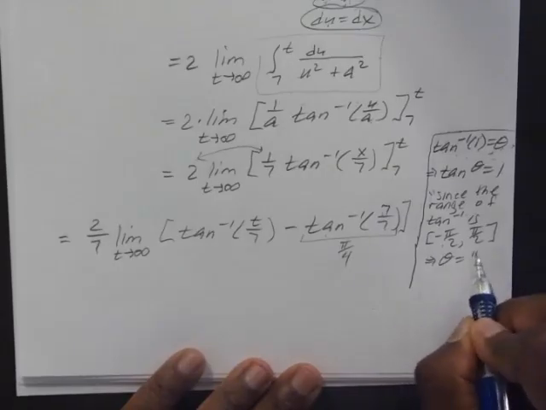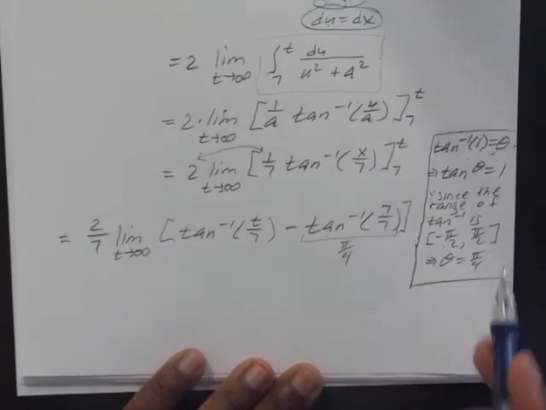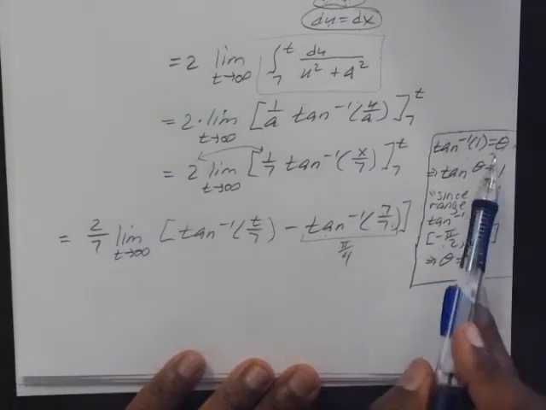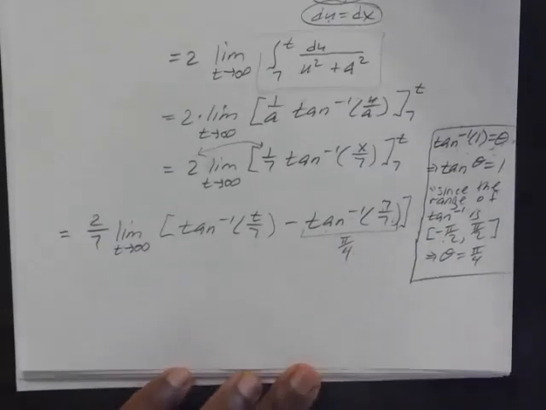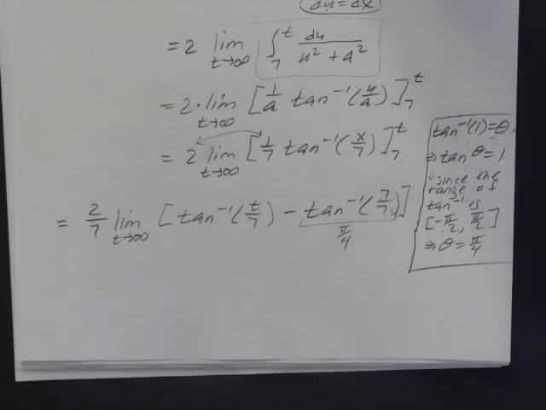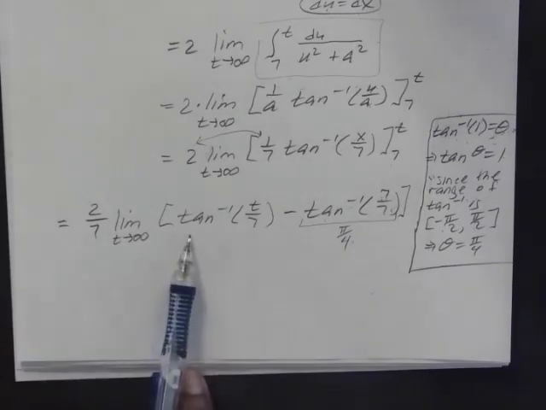So theta is equal to pi over 4. So that tangent inverse of 1 is just pi over 4.